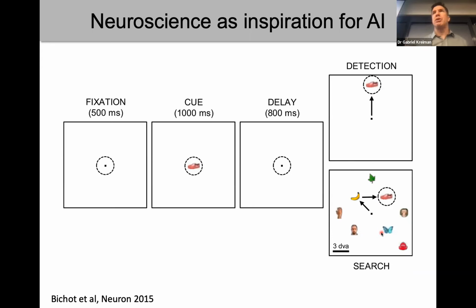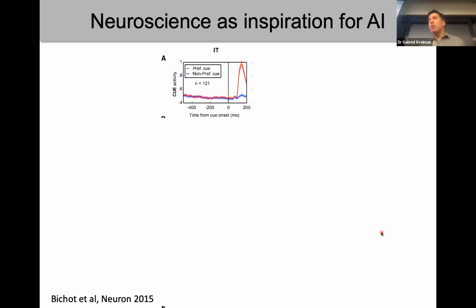So now I'll show you a glimpse of neuronal recordings in 2 particular areas of the macaque monkey brain that are crucial for object recognition, and I will contend also crucial for visual search. The first is an area called IT, inferior temporal cortex. We know that IT is necessary for visual object recognition.